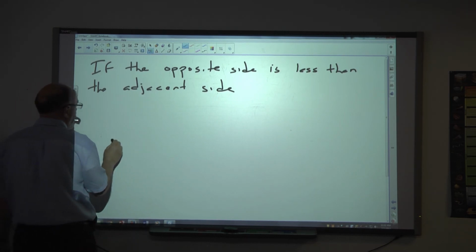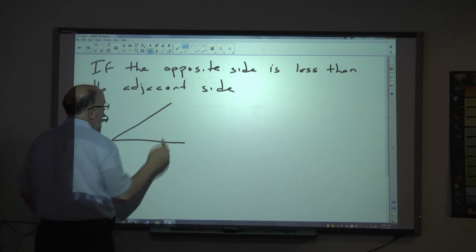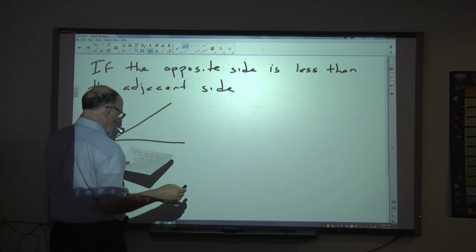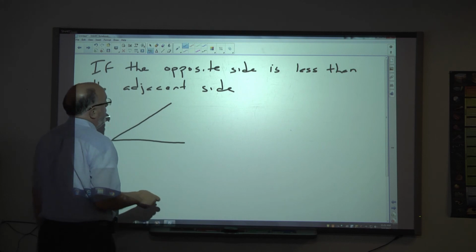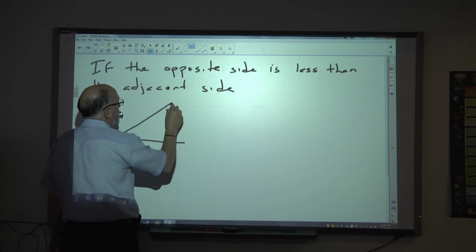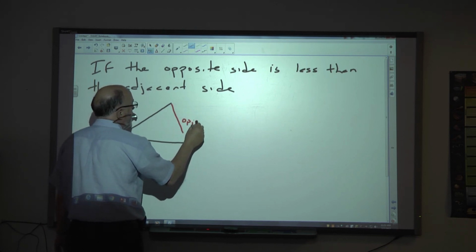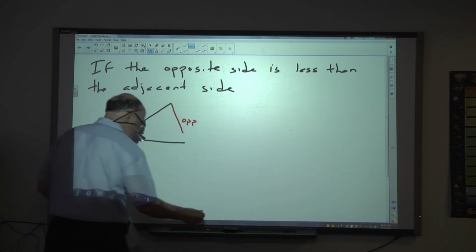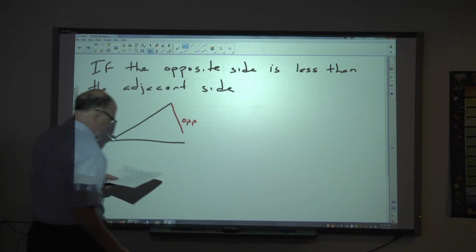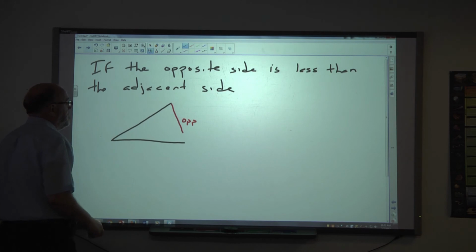So if I have a start of a triangle, it looks like this, and this piece over here is what we're going to be calling our opposite side. Okay. And then we have our adjacent side.